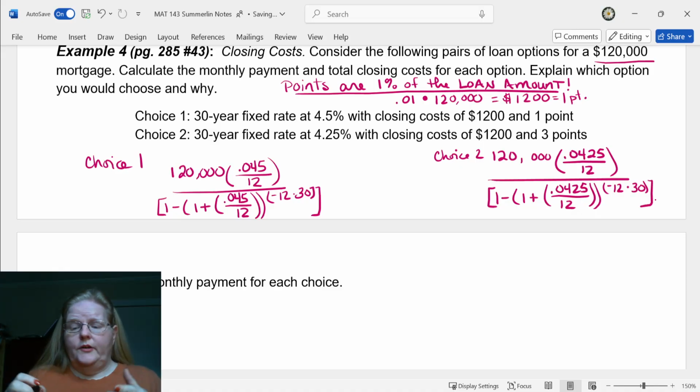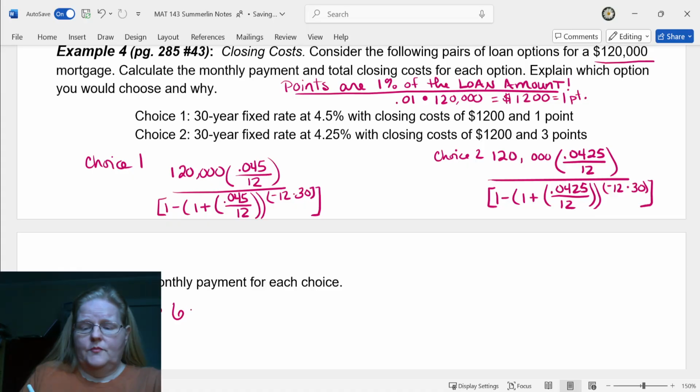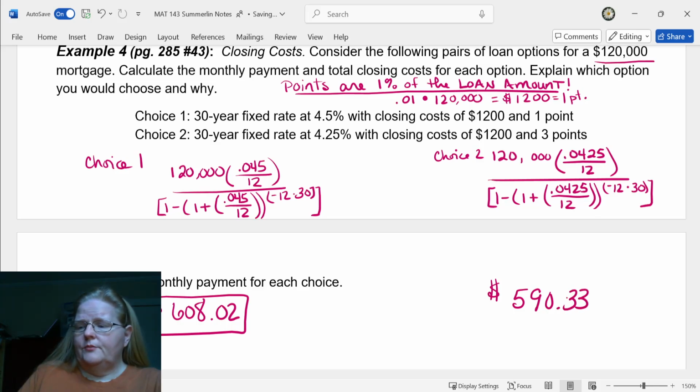So for choice 1, the monthly payment is 608.02. Over here, it's going to be 590.33.